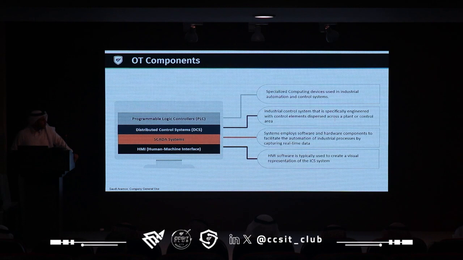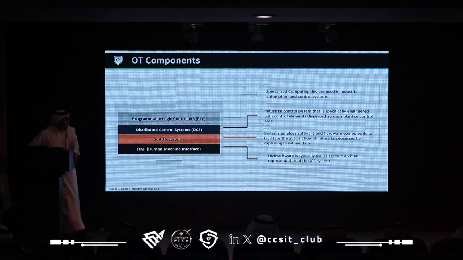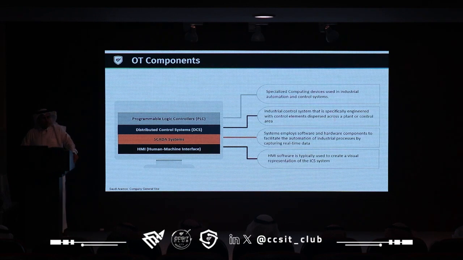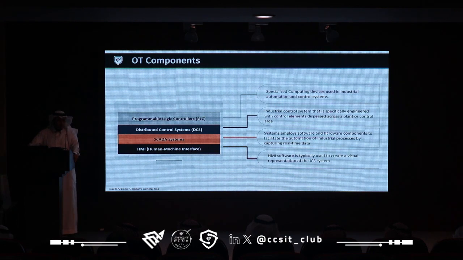It is a wider system that can control a wide geographical area, such as power substations in different places, connected through communication media, and you can monitor and control them remotely. This is the difference between DCS and SCADA.